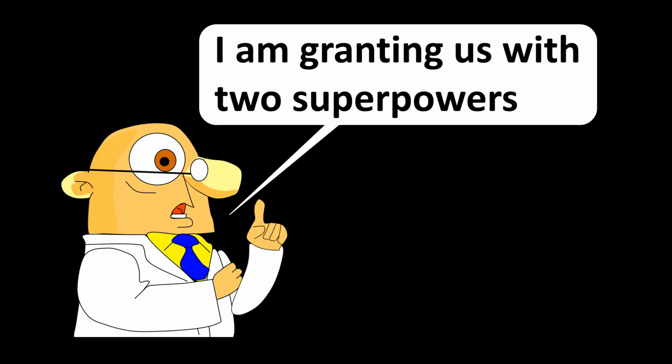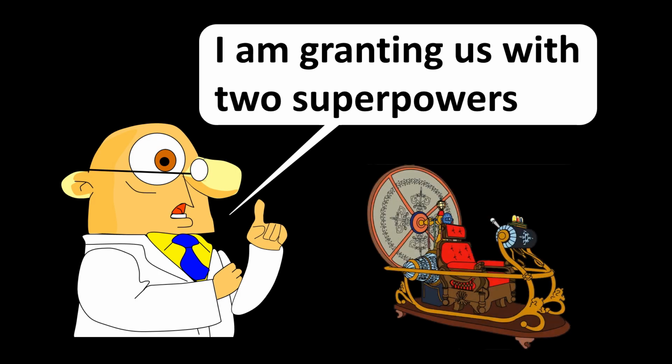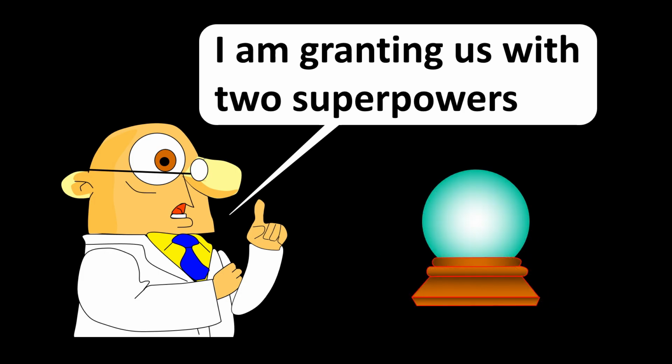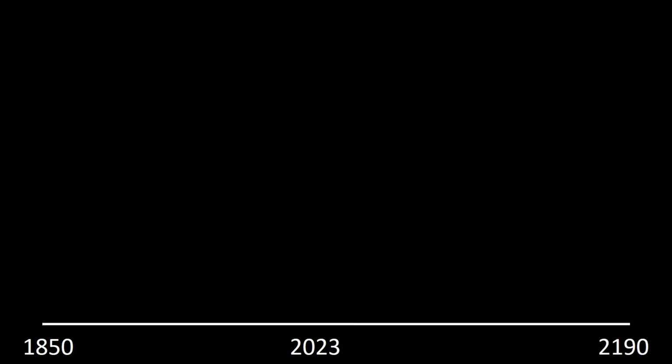In order to make this comparison, I am granting us 2 superpowers. One is time travel. The other one is knowing the future. So we are now in 2023. Using our time traveling ability, let's travel back to 1850 and forward to 2190.